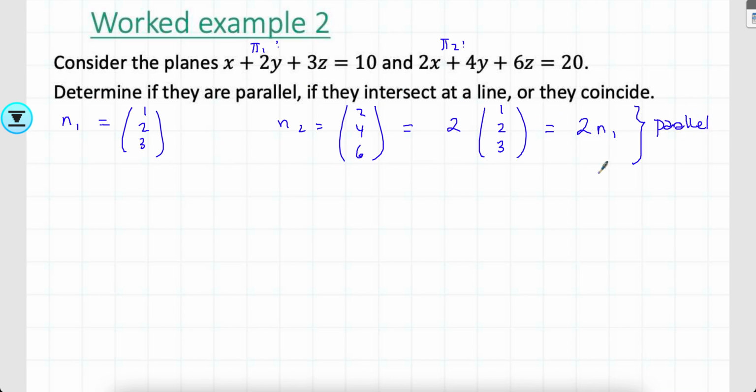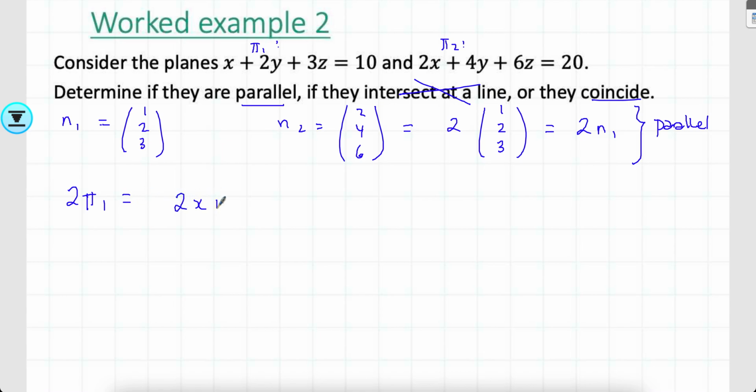Now this is one way to prove. You can do slightly different algebra work, but you have to show there's a doubling somehow. Now, I've shown that they're parallel, which means they don't intersect at a line, but do they coincide? Let's check. Well, if I'm saying that it's double the normal, let's take double the first plane.